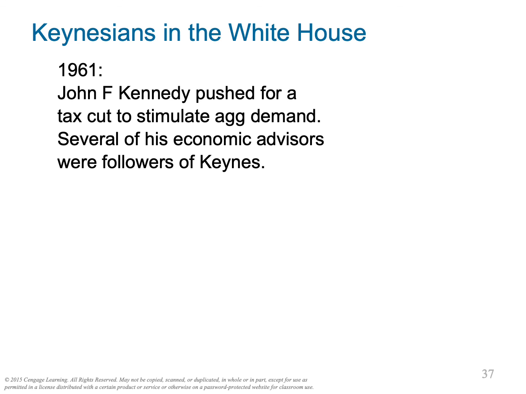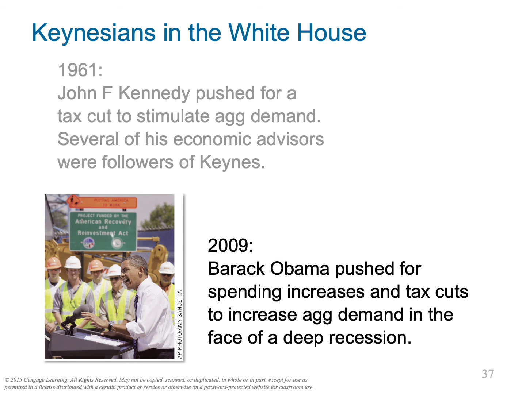He pushed for a tax cut to stimulate aggregate demand, right? That's a Keynesian principle. Let's actively stabilize the economy with government policies, in this case, a tax policy. Barack Obama was also heavily influenced by Keynesians. He pushed for spending increases and tax cuts to increase aggregate demand in the face of a deep recession back in 2008 and 2009.